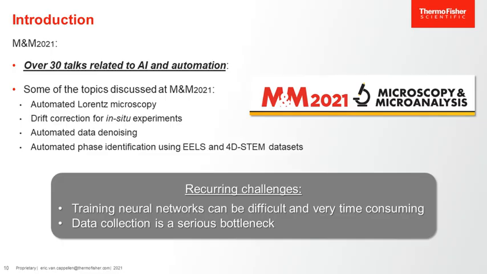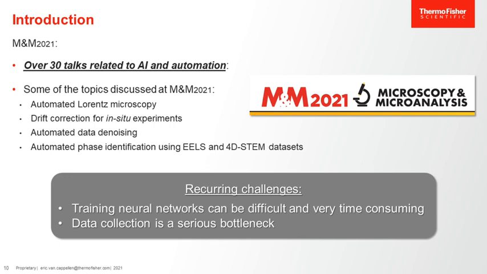And if conferences are a measure of what is coming, then I think that, judging from the latest conferences, automation is clearly the next EM frontier. I looked at M&M specifically, and I found over 30 talks on AI and automation, and I'm listing the topics up there.